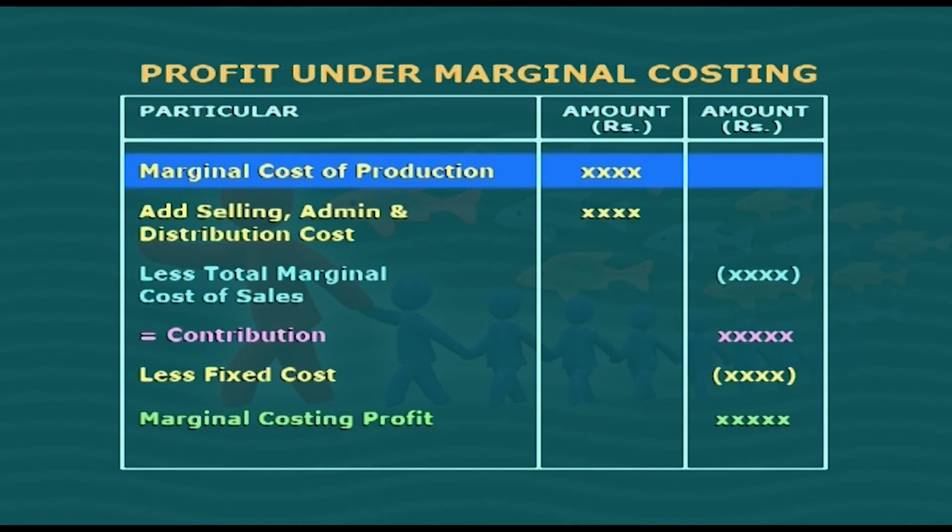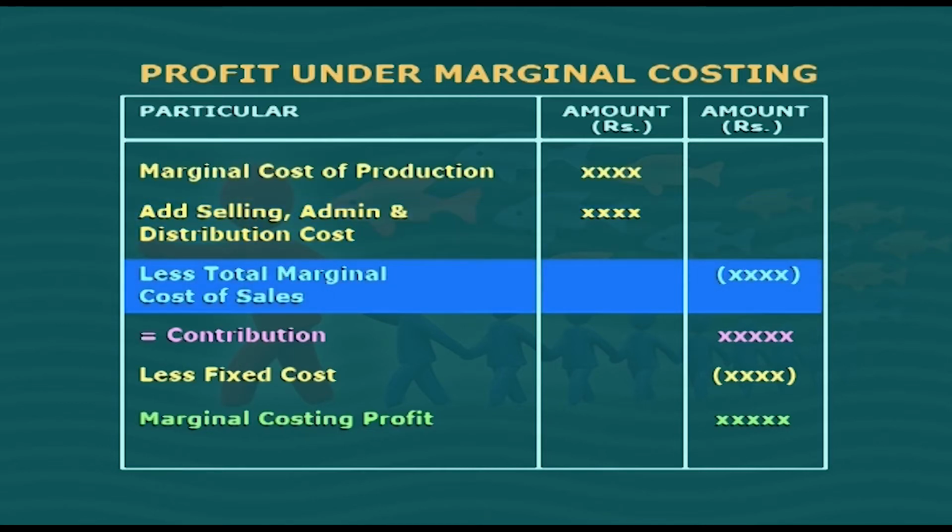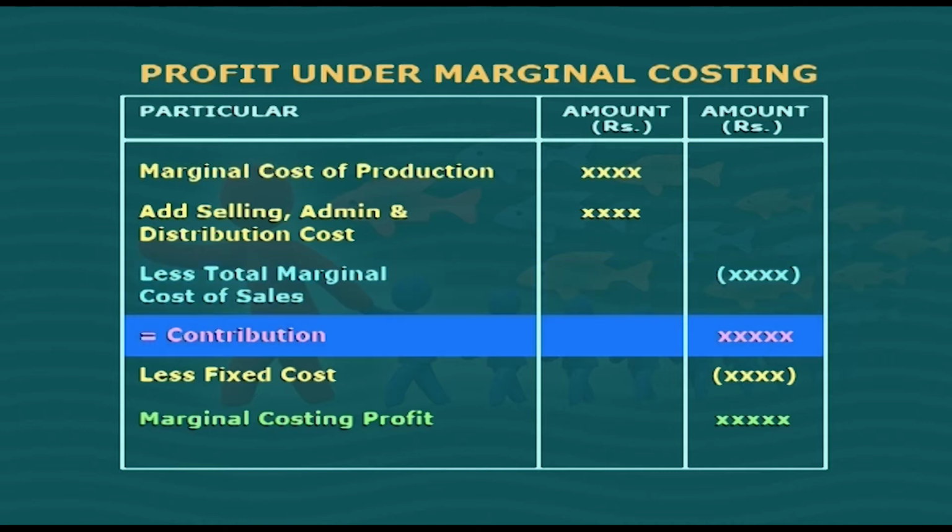You will add marginal cost of production and selling, admin and distribution cost, out of which you will have to deduct total marginal cost of sales, and that will give you total contribution.